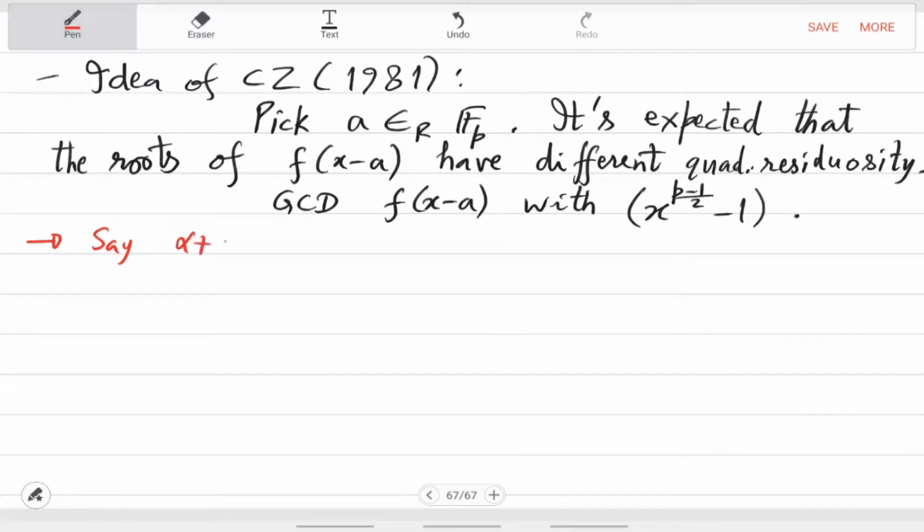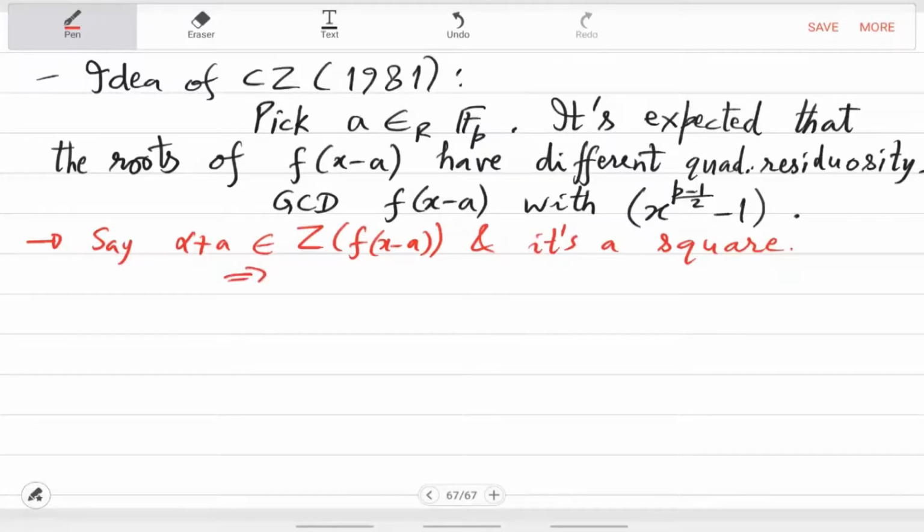Say alpha plus a is a root, a zero of this f of x minus a, and say it is a square. Do you see that alpha plus a will be a root of the GCD also?